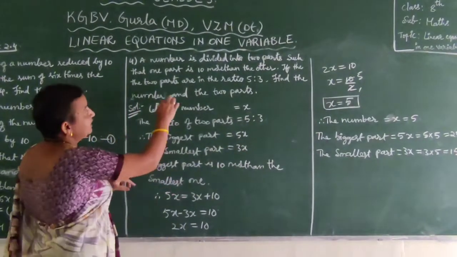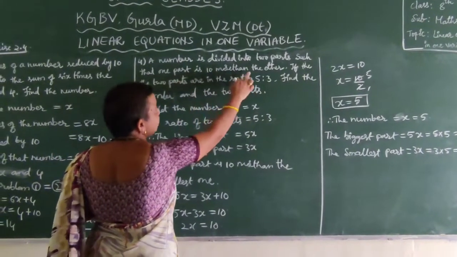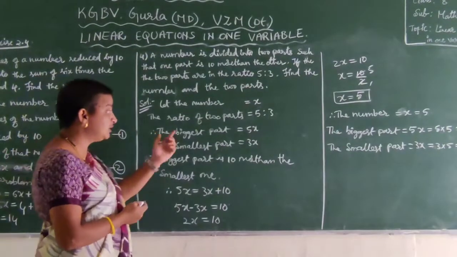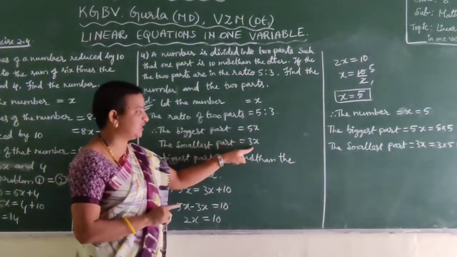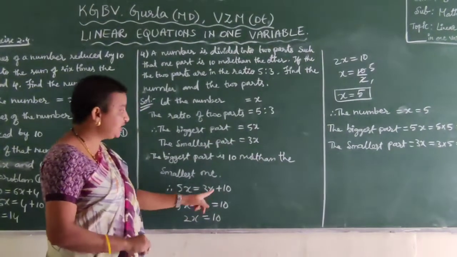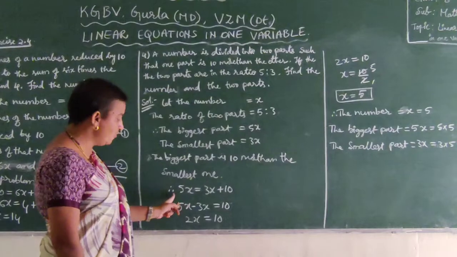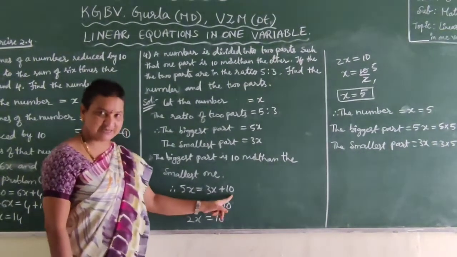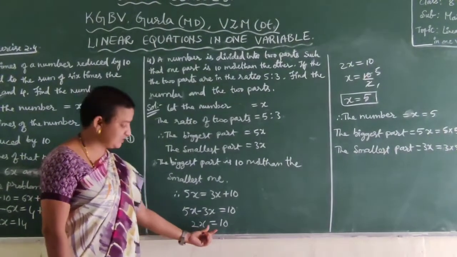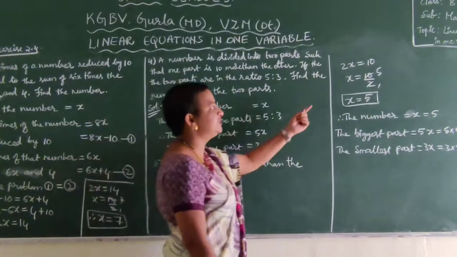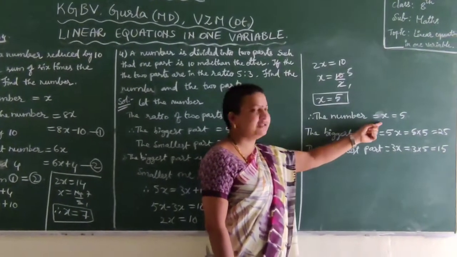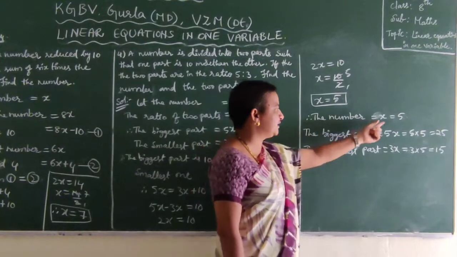Here it is already given one part is 10 more than the other. So that means the biggest one is 10 more than the smallest one. So if we add 10 to the smallest one, it will be equal to the biggest one. So 5x is equal to 3x plus 10. If we transpose 3x to LHS, 5x minus 3x gets 2x is equal to 10. By this, we get the value of x is equal to 5. x means what? The number.